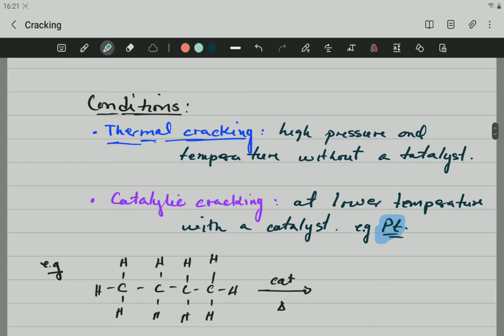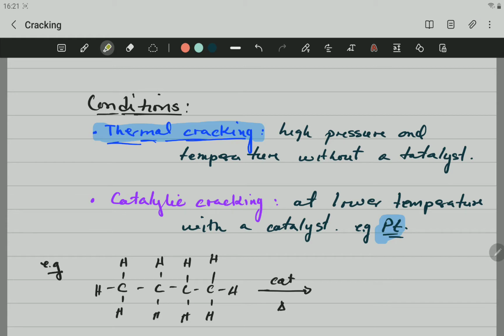Be careful, there are two types of cracking. Cracking could either be thermal cracking, in which high pressure and temperature without a catalyst is needed, or catalytic cracking.